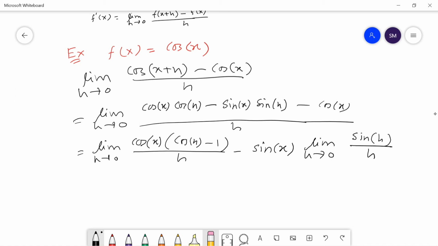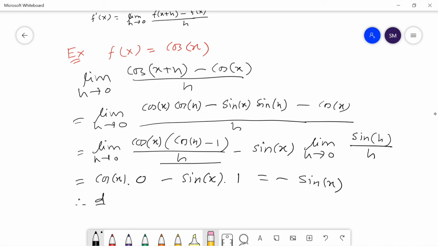So here, as I showed you previously, this limit goes to 0, so you will have cosine x times 0, minus sin x times 1, so you will get minus sin x. So therefore d dx of cosine x is equal to minus sin x.